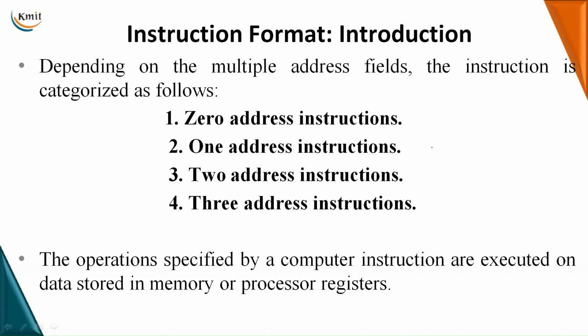The operations specified by the computer instruction are executed on data which can be stored in either memory locations or processor registers. So in this video, we'll look at the first type, the zero address instruction. The remaining we'll cover in the next part of the topic.